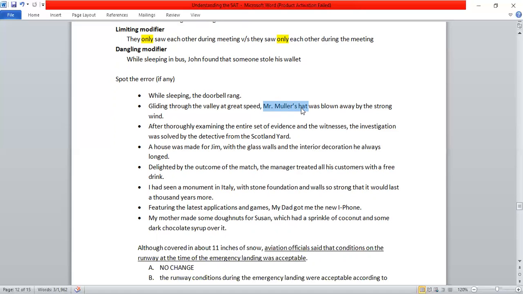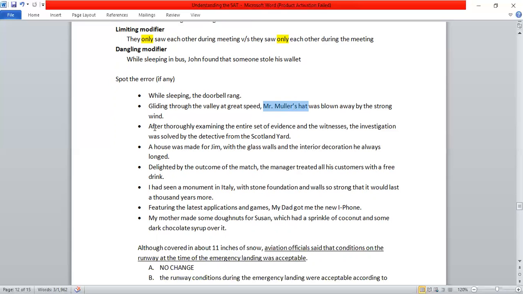I'm talking about the hat. So we need to change it. Gliding through the valley at great speed, Mr. Mueller, then you can say, saw that or felt that or anything. You need a verb. Felt that his hat was blown away by the strong wind. Found that his hat was blown away by the strong wind.